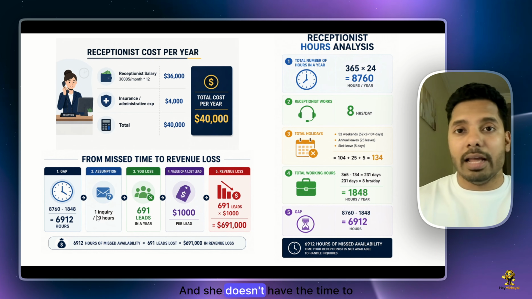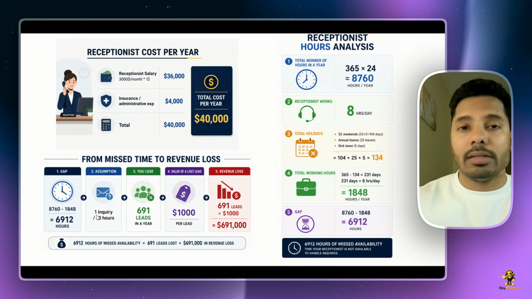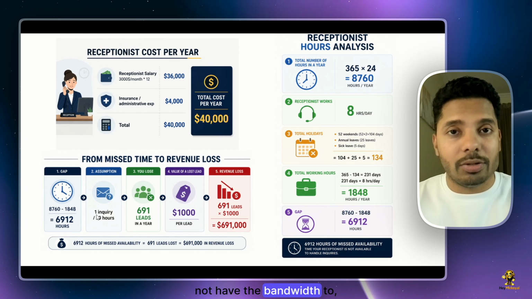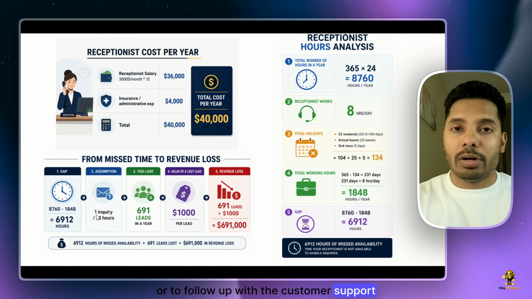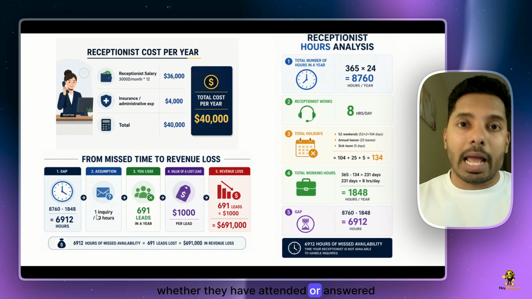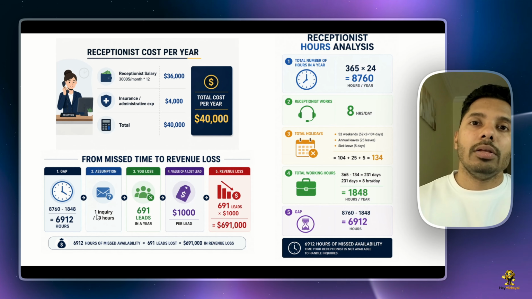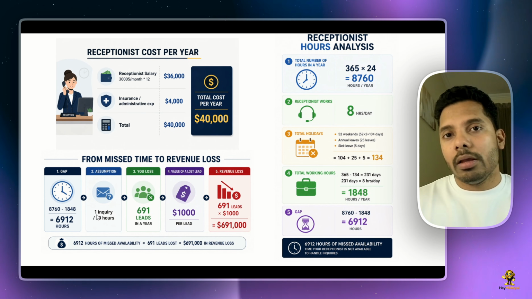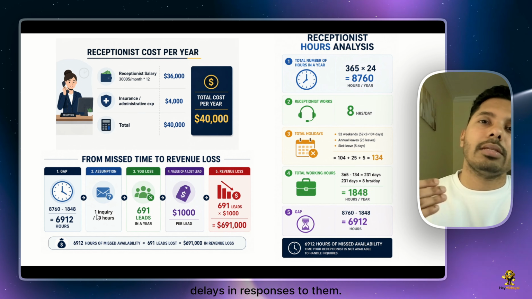And she doesn't have the time to respond to all of these mails. The support team is off on weekends and she does not have the bandwidth to follow up with all of them, or to follow up with the customer support representatives on whether they have attended or answered all queries. So they are eventually missing out on a lot of customers or leads basically because of delays in responses to them.